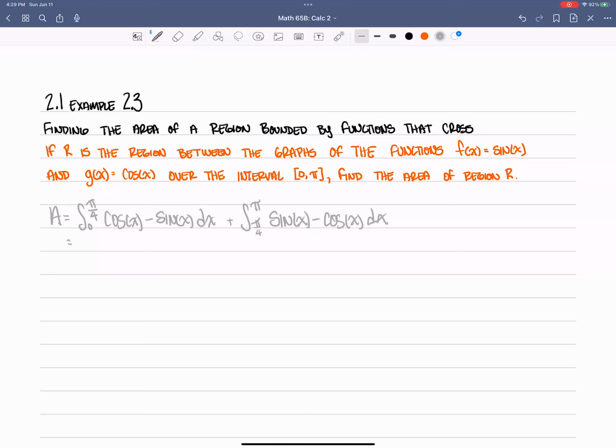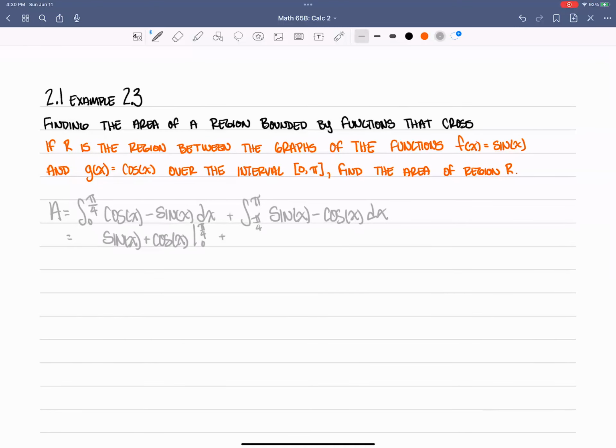And let's get to integrating. The integral of cosine is sine, so sine x. The integral of sine is negative cosine, so that's going to be a plus cosine x. And here we're integrating from 0 to pi fourths. We're going to add that second integral.